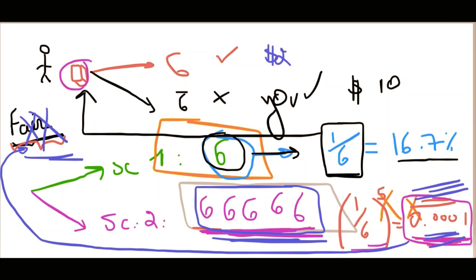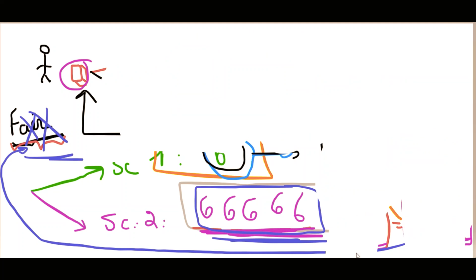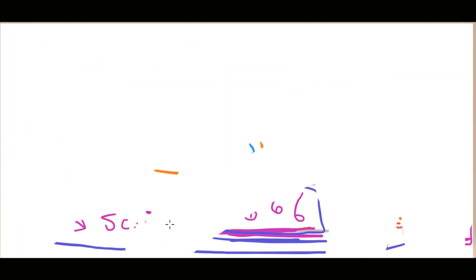So let me try to do a recap here, okay? So basically what happened is that you had a certain setup, playing against a gambler. You made an assumption about the dice, and that assumption was that the dice is fair.